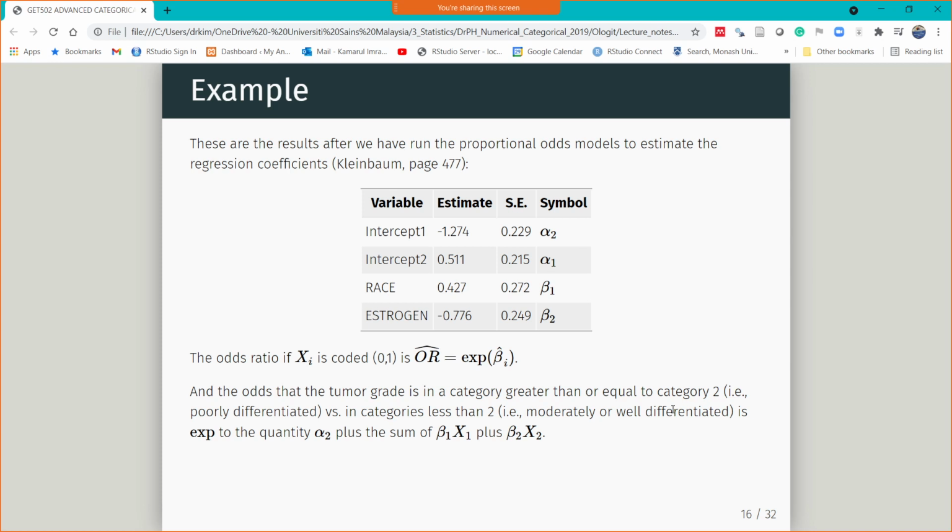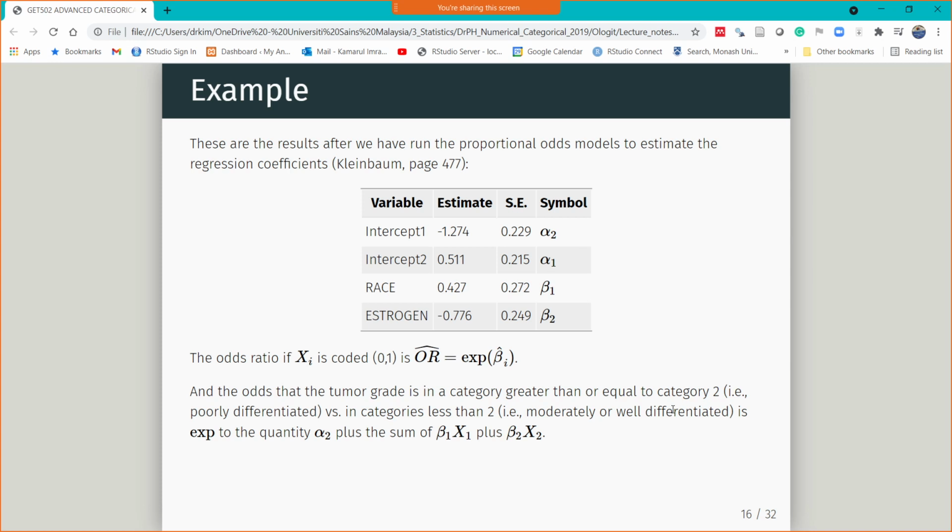So we have a column for variables, a column for estimate, a column for standard error, and a column for symbol. Because sometimes if you have many categories, it is easier to make a mistake, or accidentally pick the wrong value for the intercept and also for the covariate.